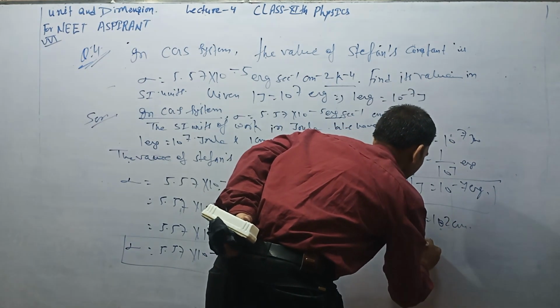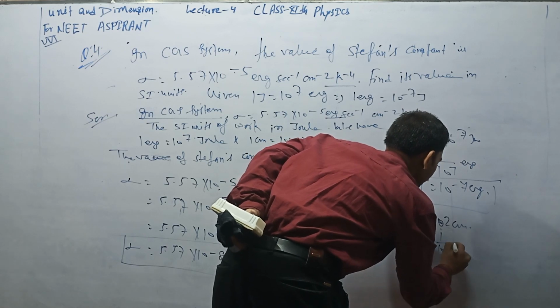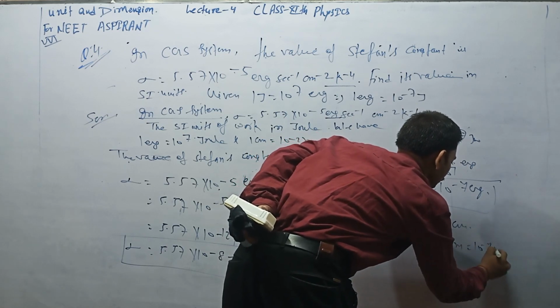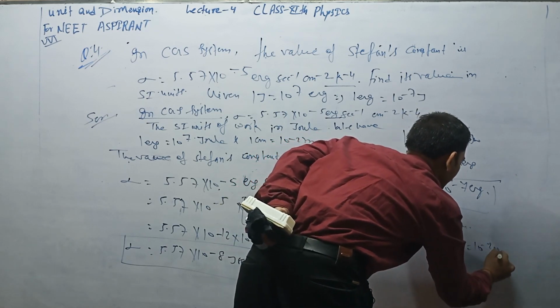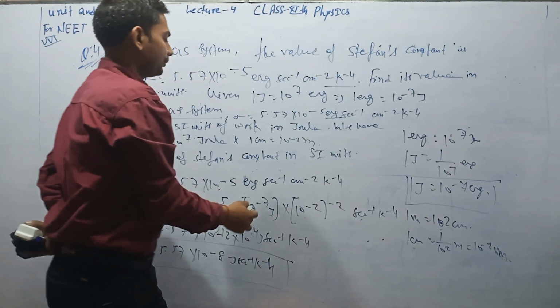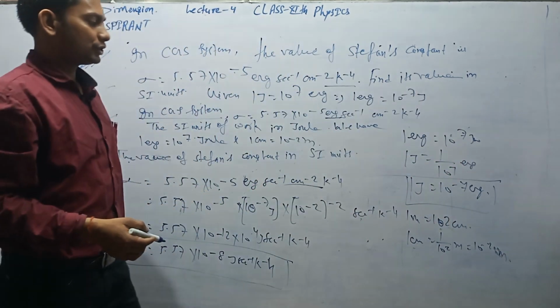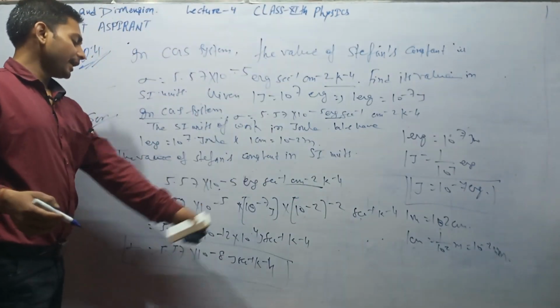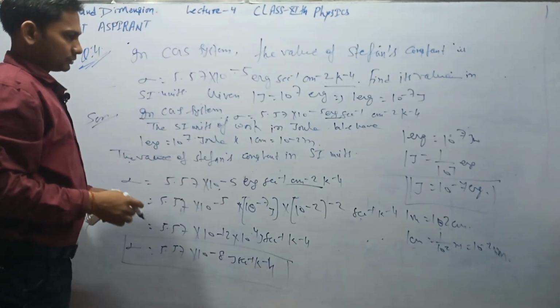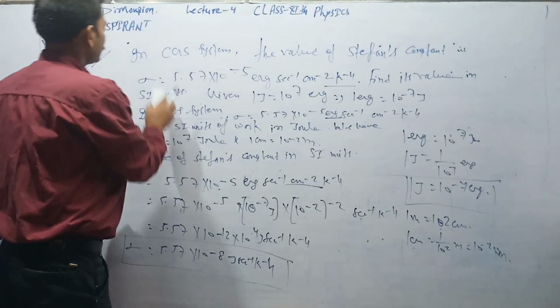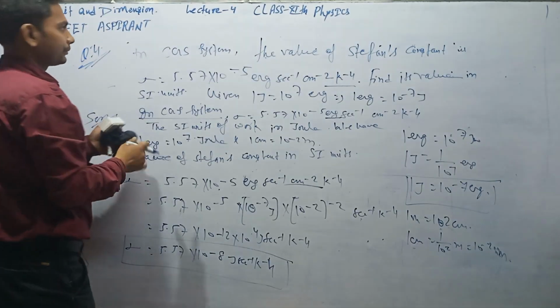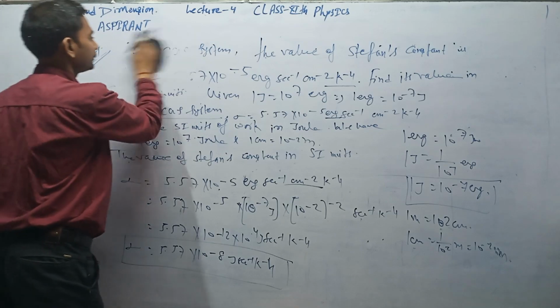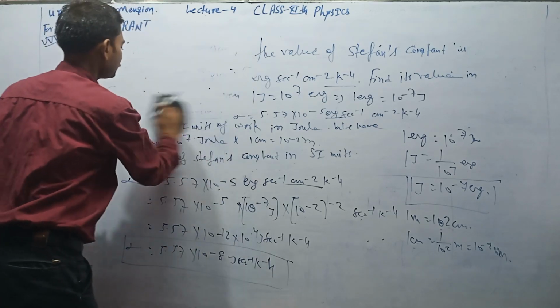So 1 centimeter equals 1 upon 10 to the power 2 meter, that is 10 to the minus 2 meter. Here I will calculate it and we get the result for this Stefan constant. So now the next question I will discuss, question number 5.